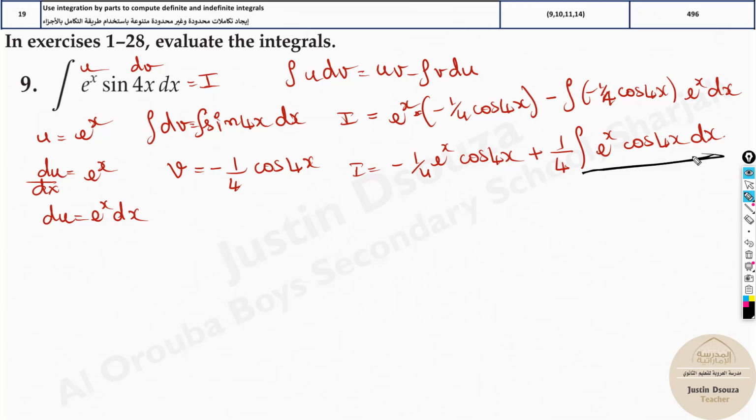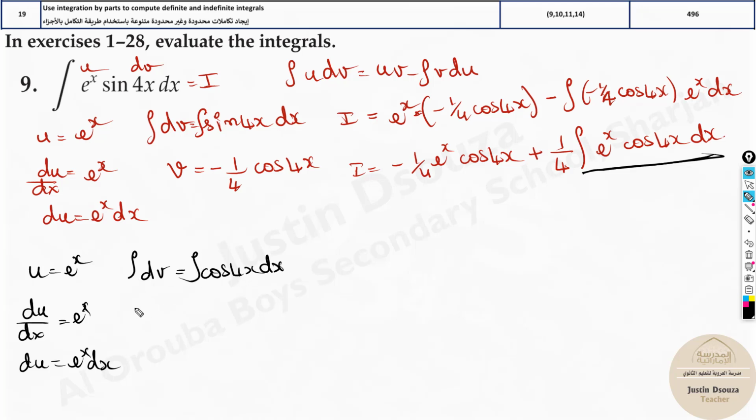Again, I will assume u to be e to the power x. du by dx would be e to the power x itself, and du is e to the power x dx. What about the other term that we consider to be dv? That will be cosine 4x dx.